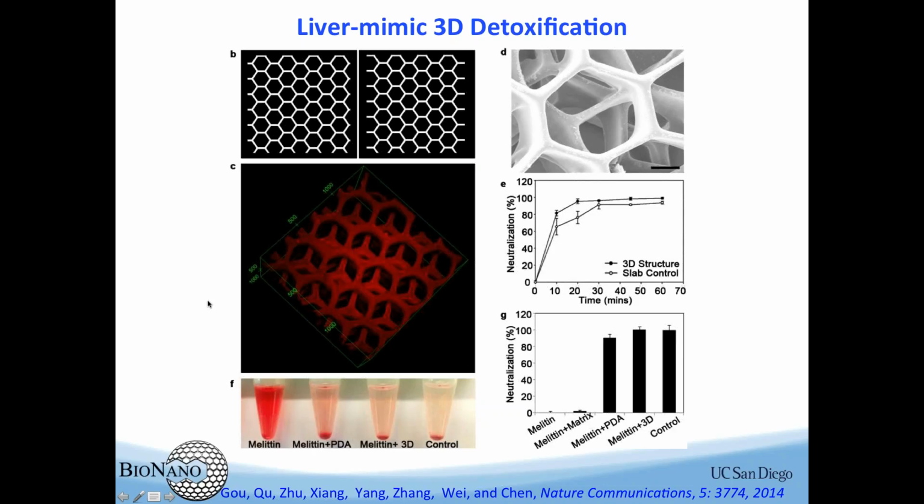So this is an SEM picture. This is the fluorescent particle picture. Once this device traps all these toxic molecules, in this case specifically melatonin, right? Melatonin. And we show that you can remove these toxins with an efficiency of 100%.